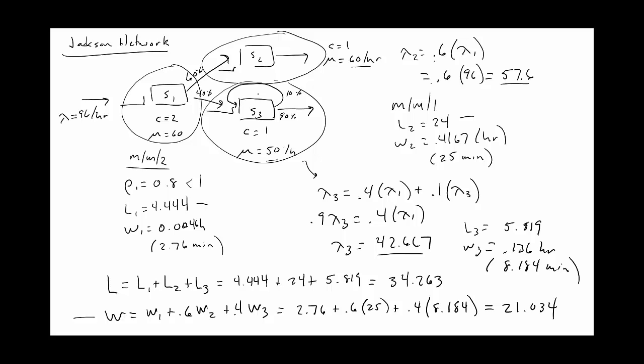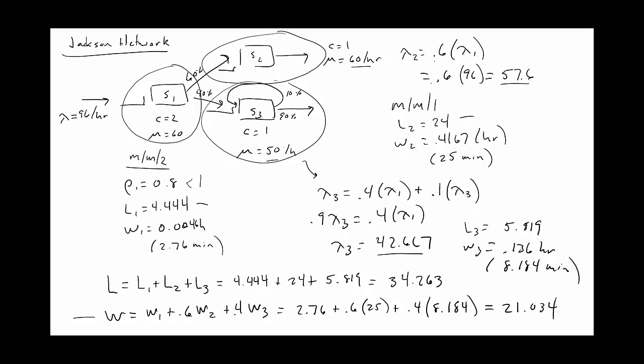Because that departure process from S1 is exponential, then the arrival process to S2 and S3 will also be exponential if the decision of S2 or S3 is probabilistic. In other words, if I have a probabilistic routing between S1 and S2 or S1 and S3. And so that's the third condition, that we have probabilistic routing. The fourth condition is that all of the internal queues are infinite, which we need for an MMC queuing system anyway.